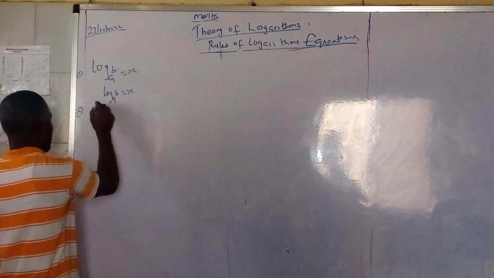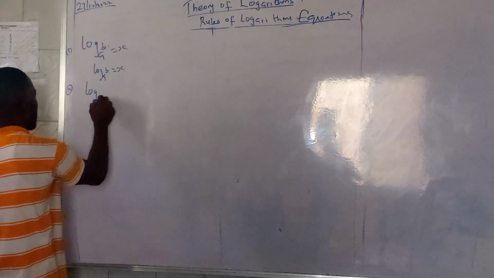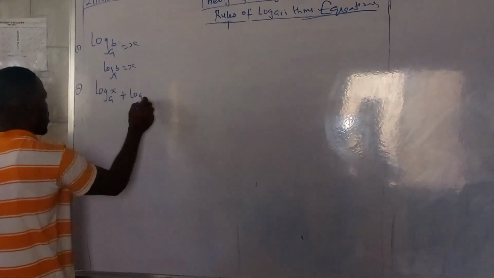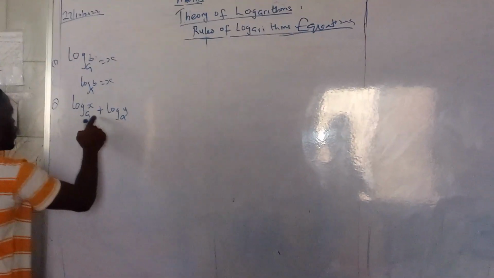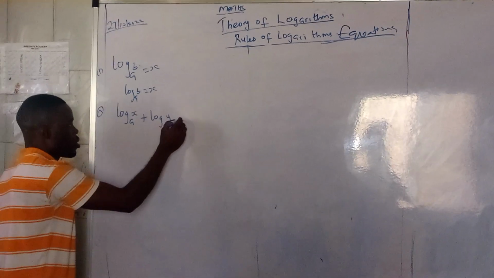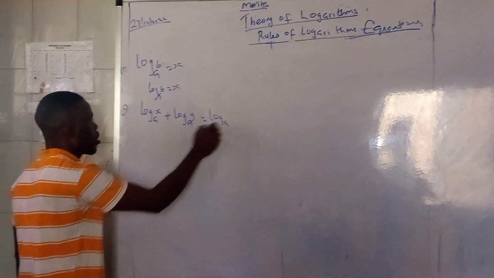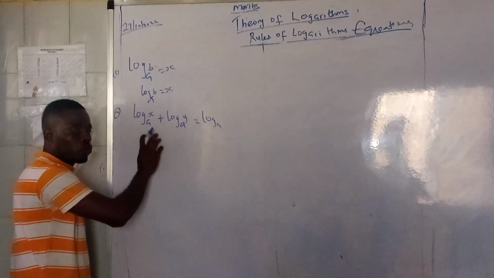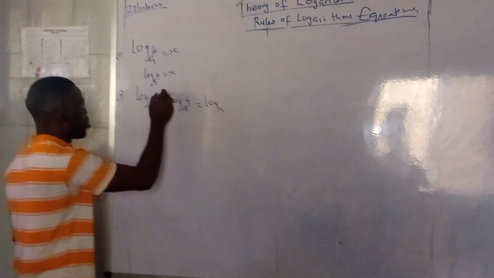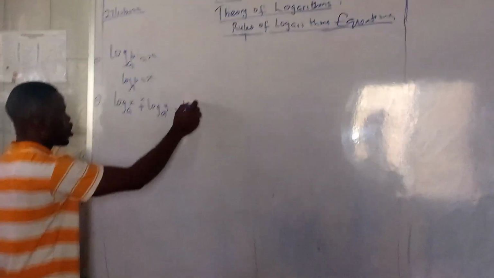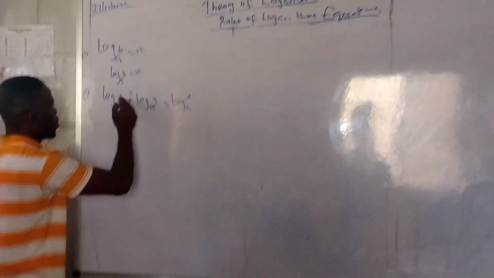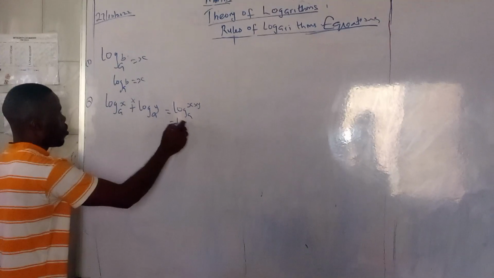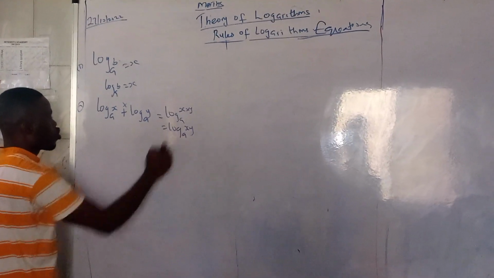Rule 2 says that when you have log a to the power of x plus log a to the power of y, these are common base. You have log a. Now, when you are given the sign as plus, then you change it to become times. So this becomes log a to the power of xy.